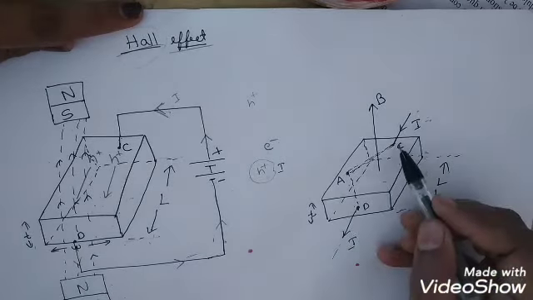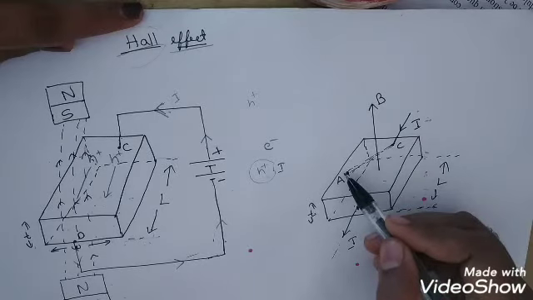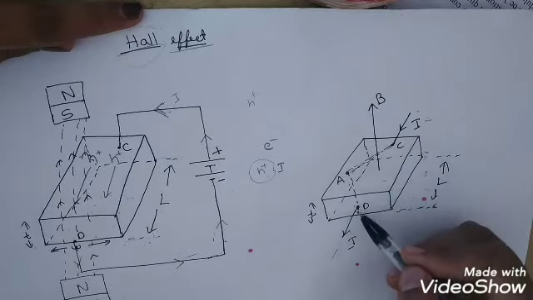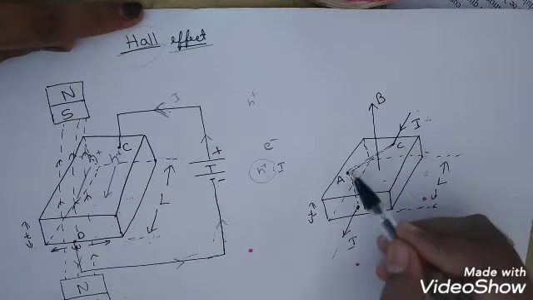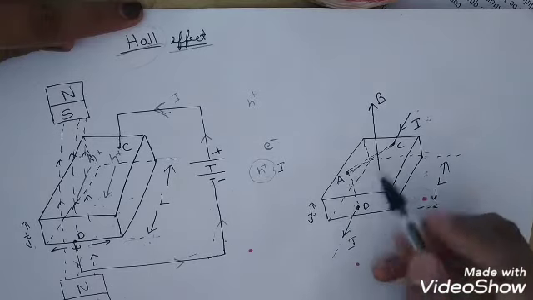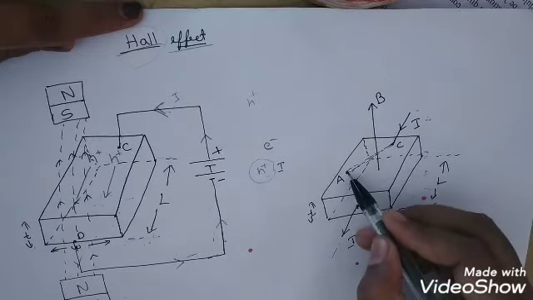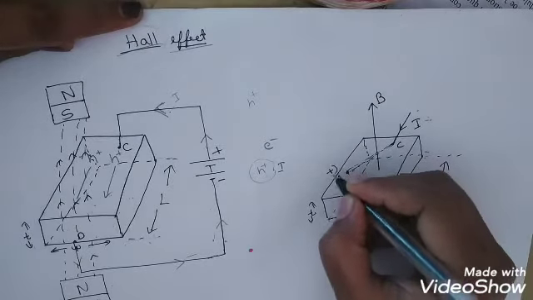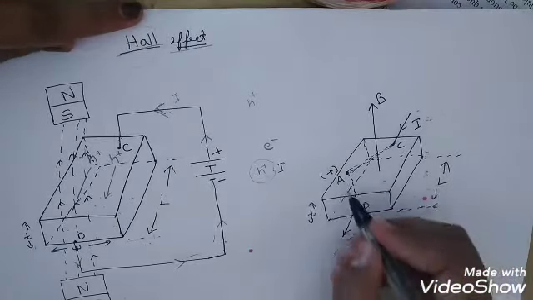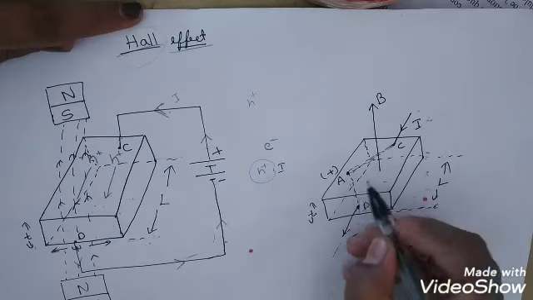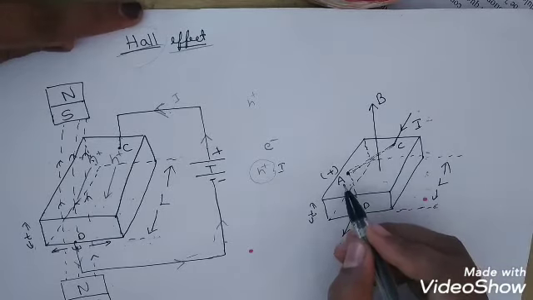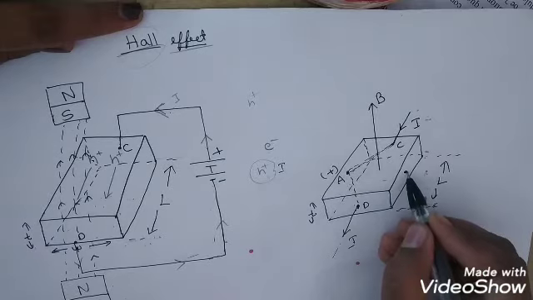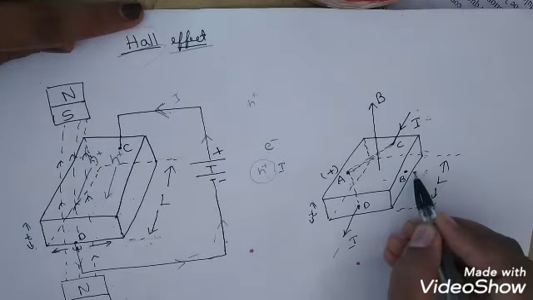Because of that, they get accumulated at one point A and then move from C to A and then A to D. As all holes accumulate at point A, that is a hole polarity which is positive. Exactly opposite, I can call this point B, which is negative polarity.